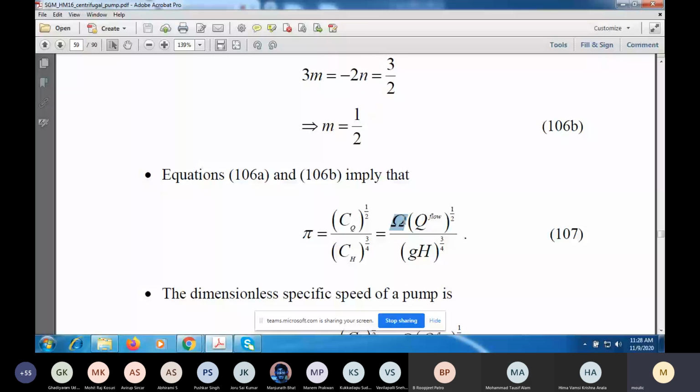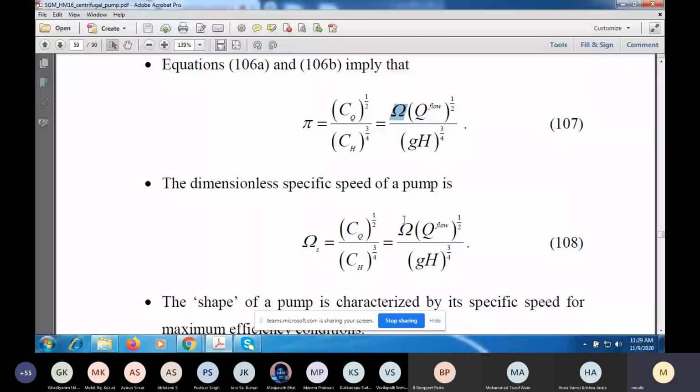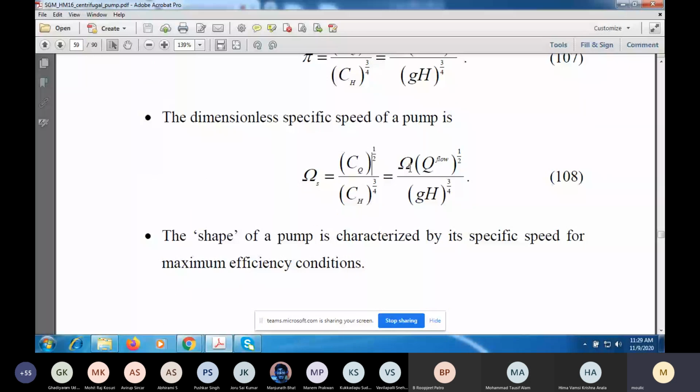Okay, and this is what is called the dimensionless specific speed of the pump. Okay, it is CQ to the power half by CH to the power 3 by 4. So almost all the books that you will come across will just state this. I've given you the derivation. So it is omega into square root of Q by GH raised to the power 3 by 4.